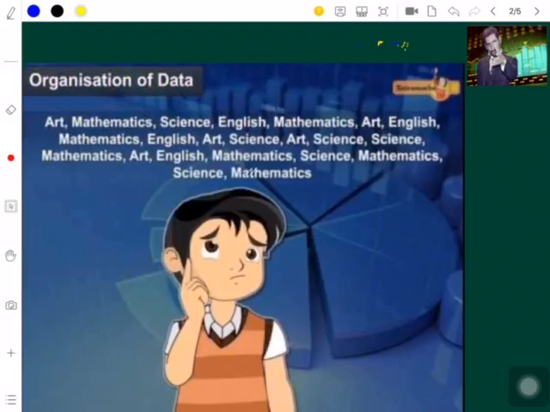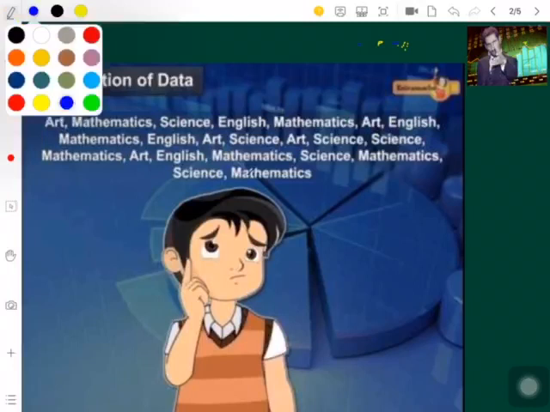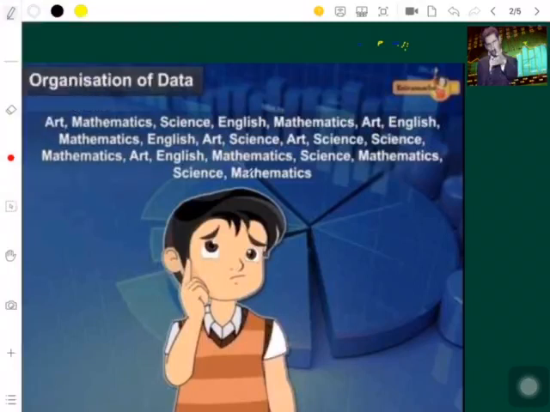See, I have made a little arrangement for you here. If you look at this picture, you will find that this guy is trying to understand or look for something, or he is trying to make a group of the things.